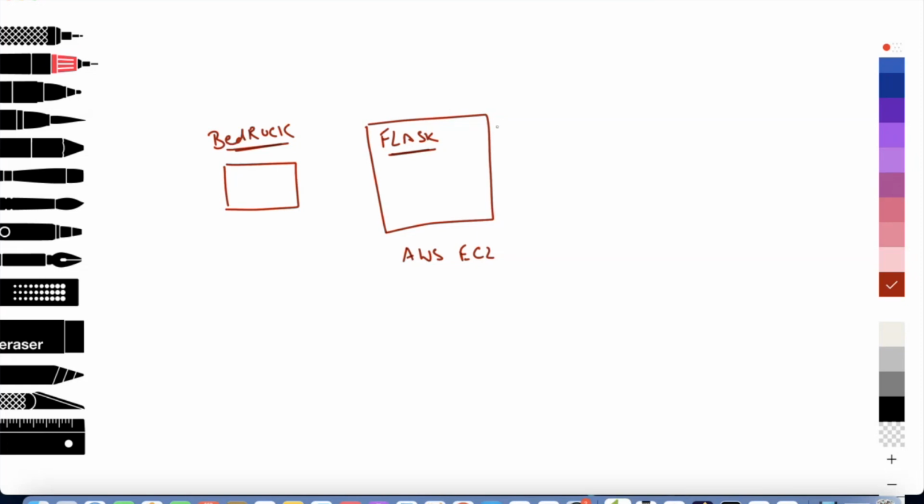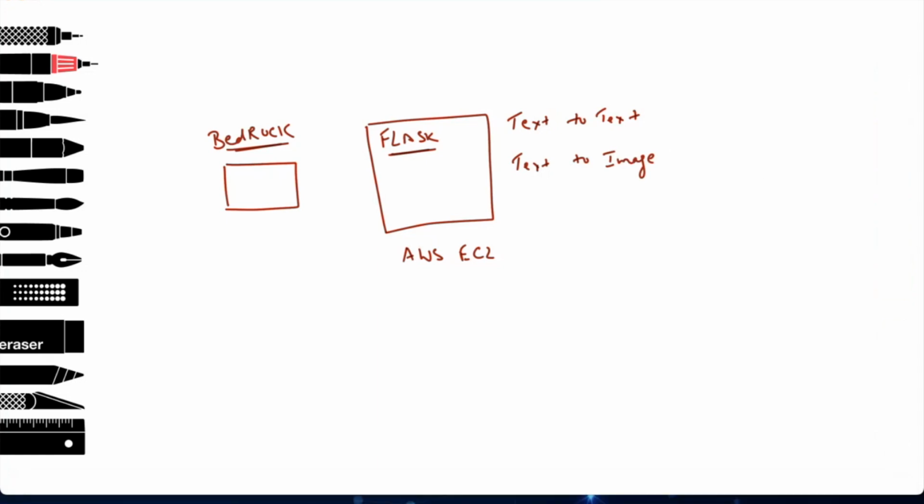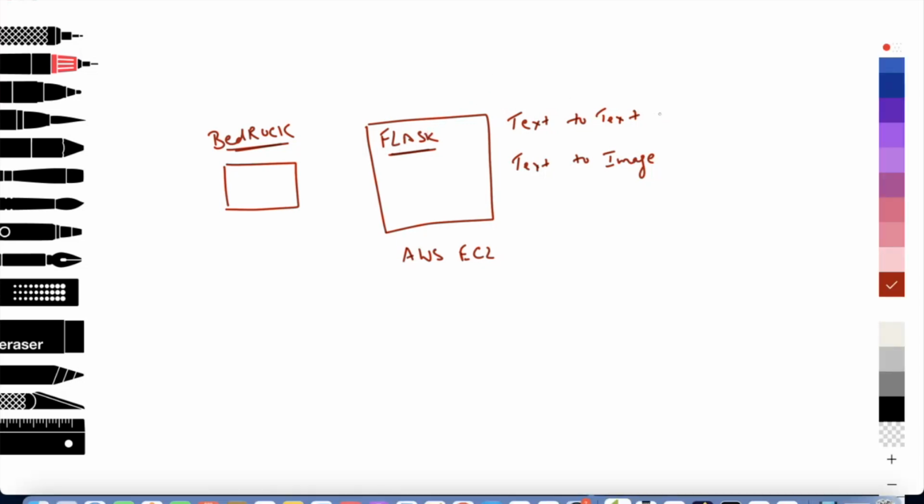And then we are going to have two things here: text to text and text to image. These are the two things we are going to use. For text to text, we are going to use a specific foundational model, Anthropic, which is available in Bedrock.